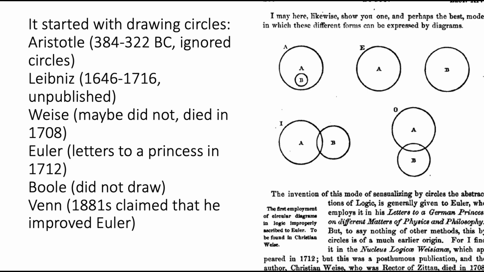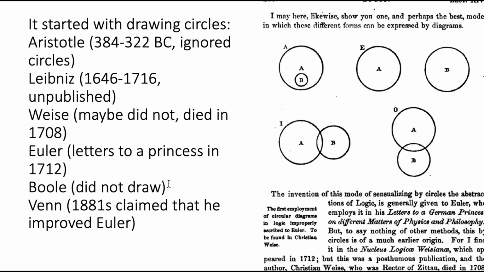Then it was, of course, Leonhard Euler. He was such a big figure that he is cited many times in many directions, and his diagrams rightfully carry his name and are used until now.